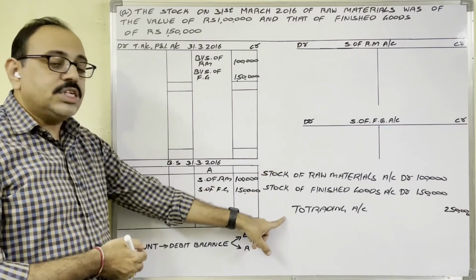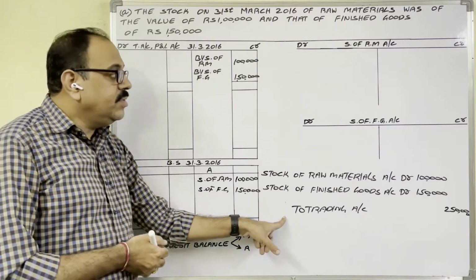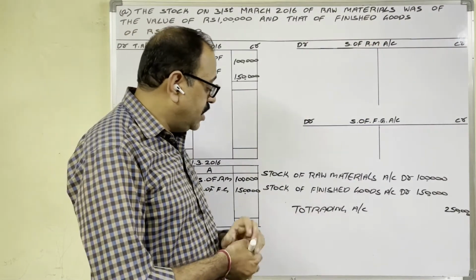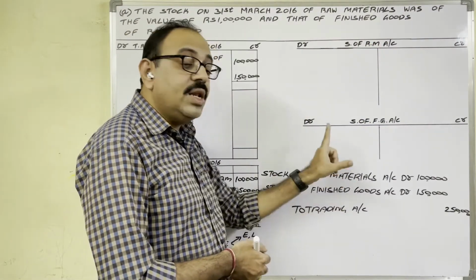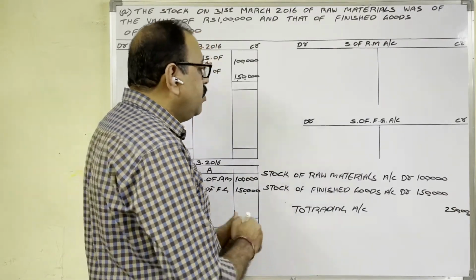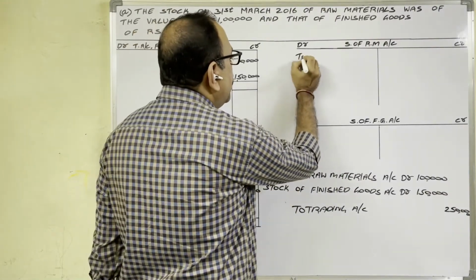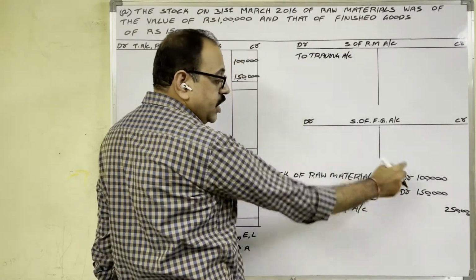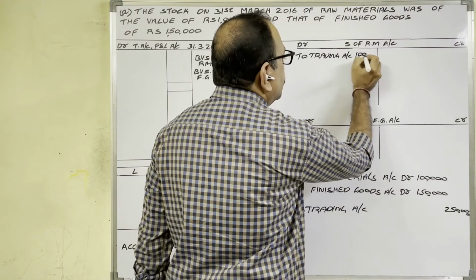If you write this adjustment entry, then in the stock of raw material account, which side will it be posted? In the entry, stock of raw material is debited, no. Therefore, it will be posted on the debit side. What to write in the particulars column? To trading account. Amount, stock of raw materials amount, 1 lakh rupees.